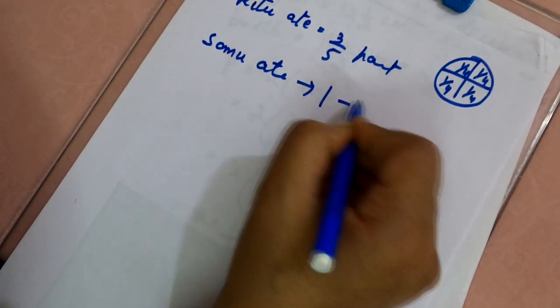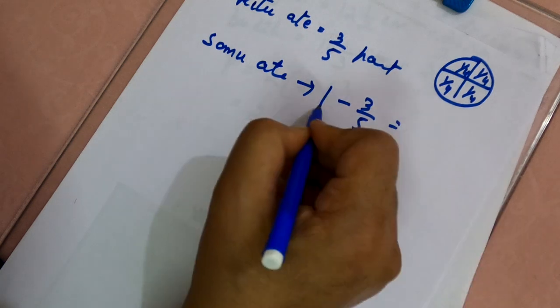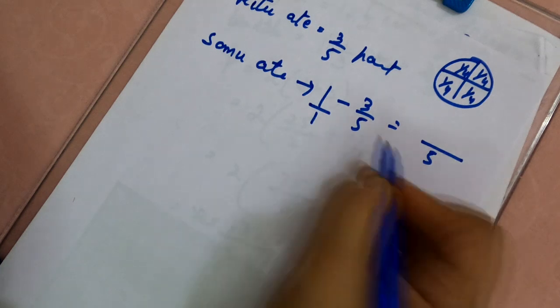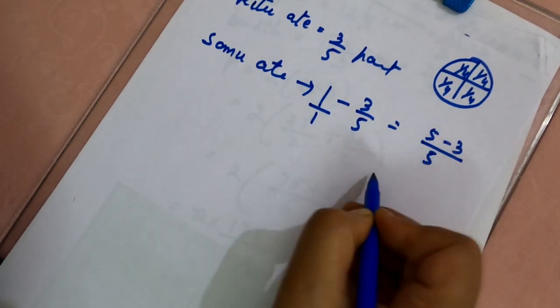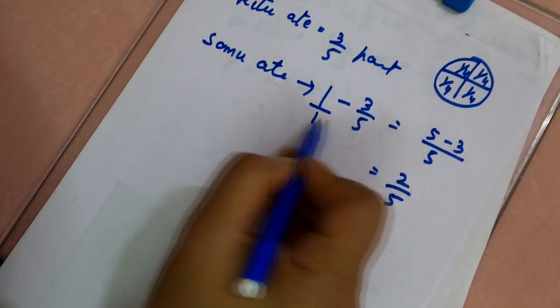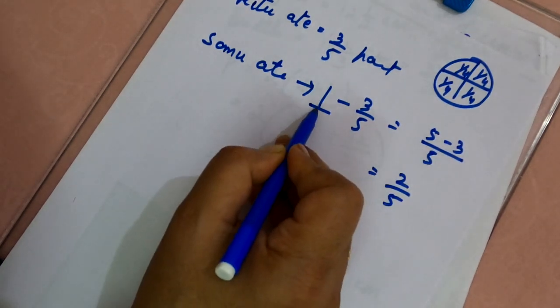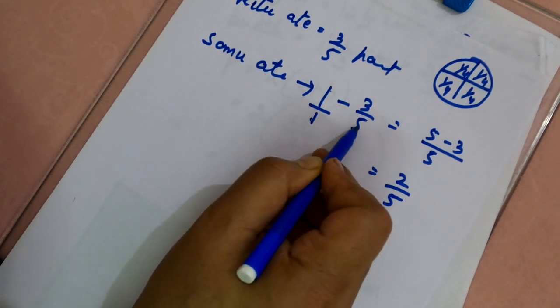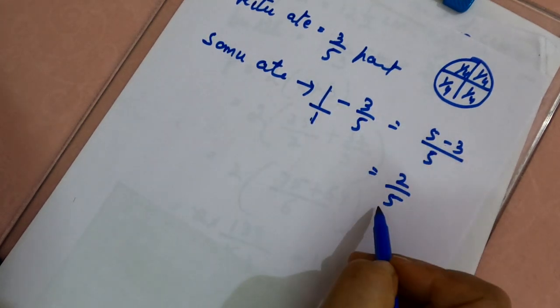So Somu ate 1 minus 3 upon 5, with 5 in the denominator. You know how to write this. 5 minus 3 is equal to 2 upon 5. Clear? We will make 5 here, so it will become 5 upon 5 minus 3 upon 5. So 5 minus 3 is 2 upon 5.